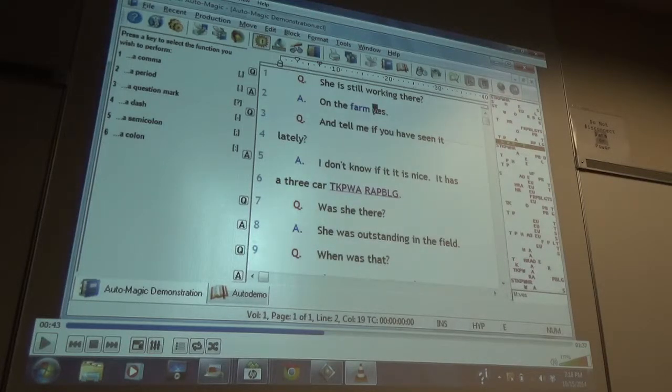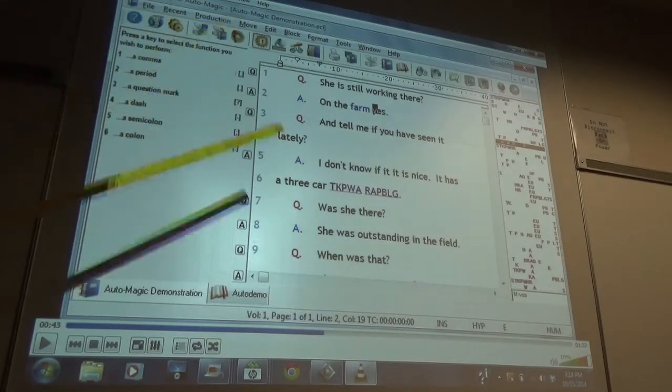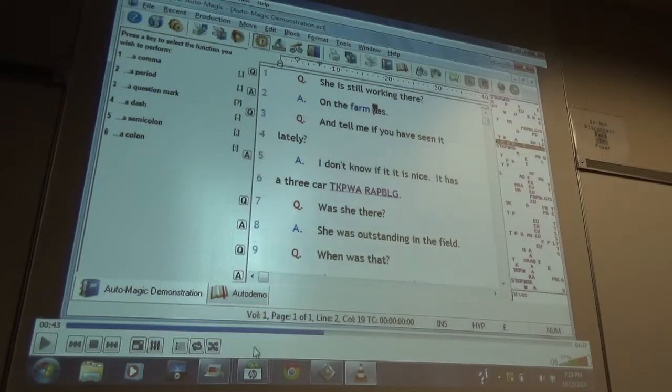That's exactly what I was just saying, guys. If you don't know, and you're like, oh man, I don't remember how to put a comma in there, no big deal. It gave you the selection over here in AutoMagic. Select punctuation. It's going to open up the box that it showed you, with your cursor on the first character of a word, and then ask you what you want to do.